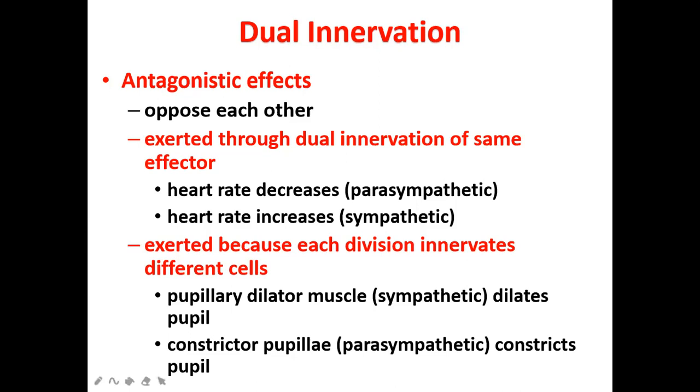For example, parasympathetic activity on the heart reduces the heart rate, a negative effect on the cardiac. The sympathetic nervous system on the heart increases the heart rate. So they are opposing effects. Heart rate reduction through parasympathetic is through vagal innervation.